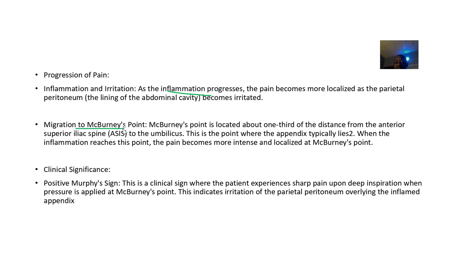So, migration to McBurney's point. McBurney's point is located one-third of the distance from the anterior iliac spine to the umbilicus. This is a point where the appendix typically lies. So when the inflammation reaches this point, the pain becomes more intense and localized at McBurney's point.